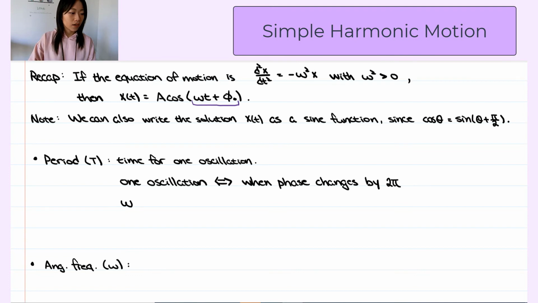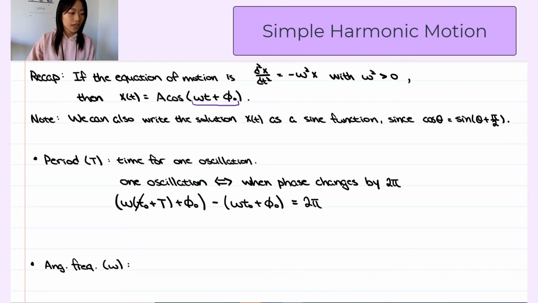So omega times t naught plus the period, which is the time for one oscillation, plus phi naught, minus omega times t naught plus phi naught. So if the phase change is 2 pi, the delta t should be 1 period.